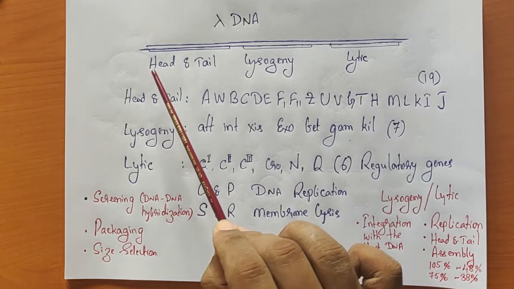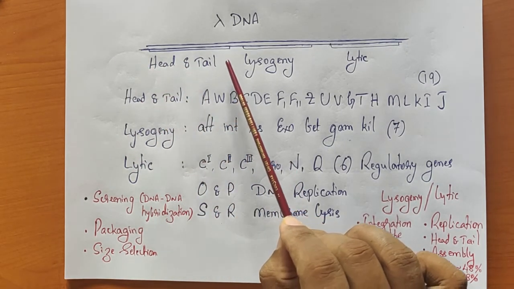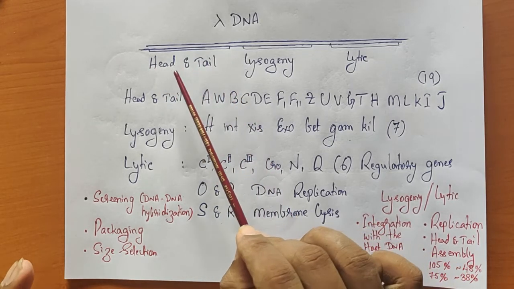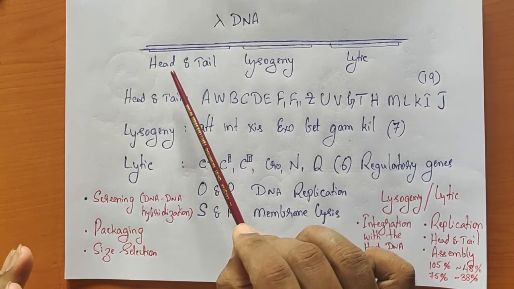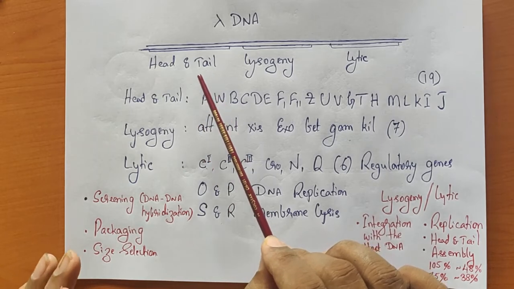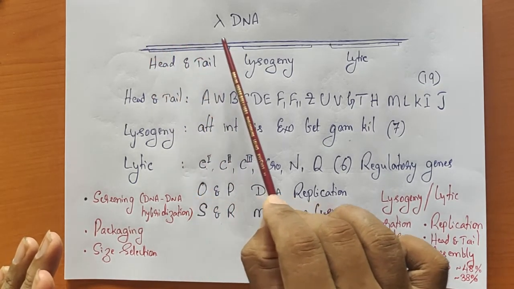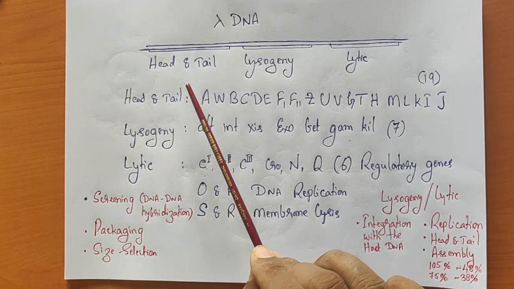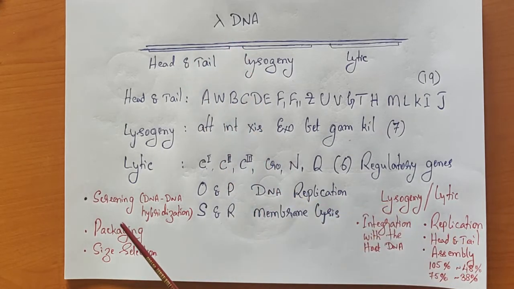For example, head and tail genes, the genes which are required for the generation of proteins of the head and tail region, are all arranged in one cluster that is present on the left side of the lambda DNA.